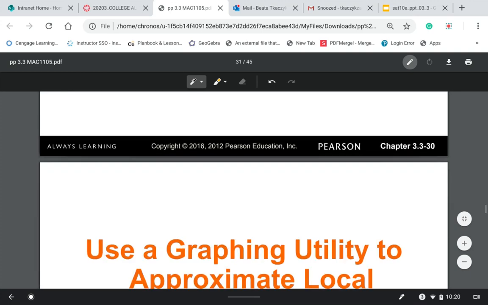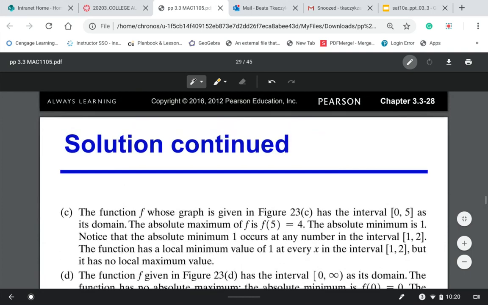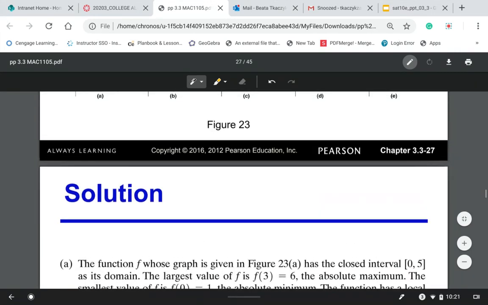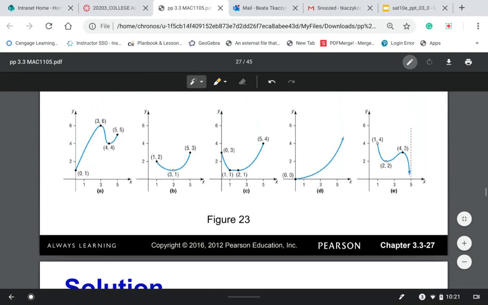So let me see if they provide an example here. I want to explain the extreme value theorem based on this graph right here.